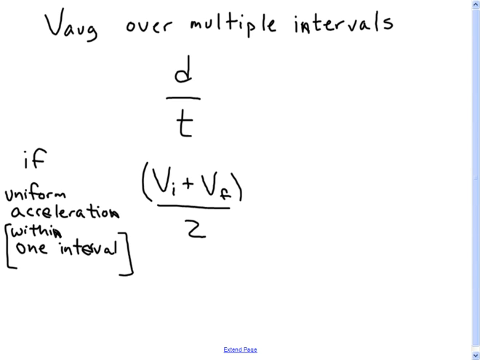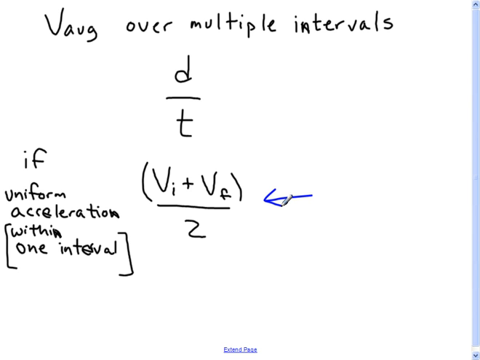So if you're in first gear in your car, you have certain acceleration, and you would go from one speed to another. You want to know your average speed in first gear? That equation's fine.